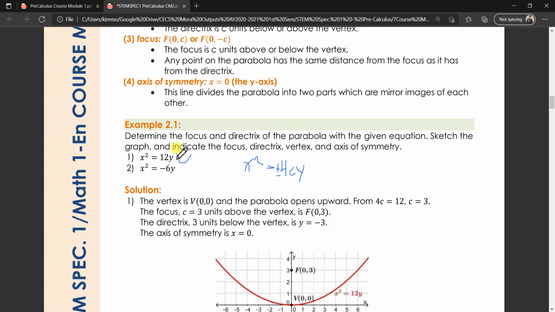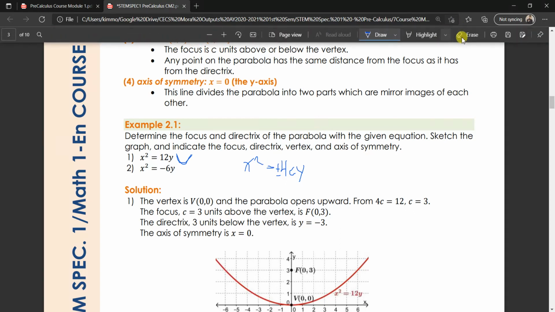Iyahang pag-open. So smooth lang na siya dapat ha, dili siya letter V. So mura siya U nga expanded nga U. So for we can say again, 'di ba? Kani siya nga equation is just applicable for equation or parabola that is located at the origin, meaning our vertex is located at 0, 0.